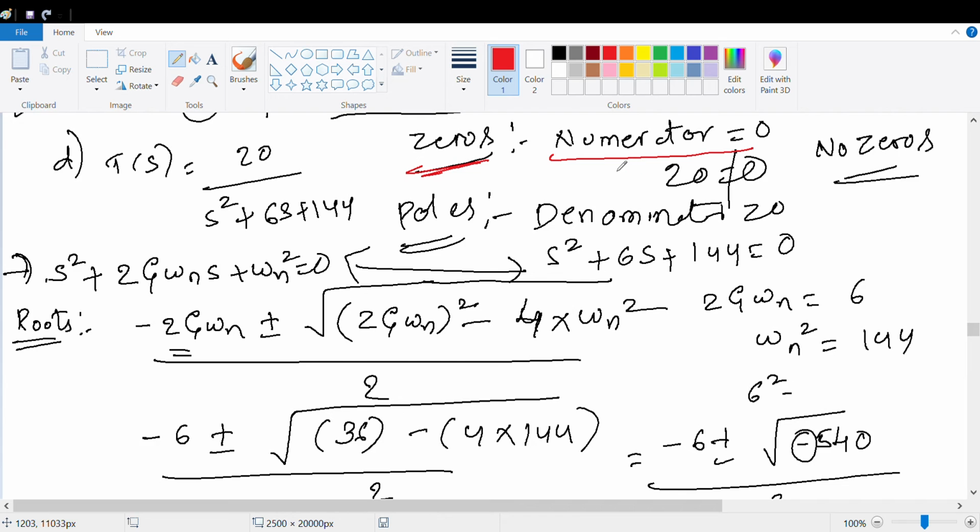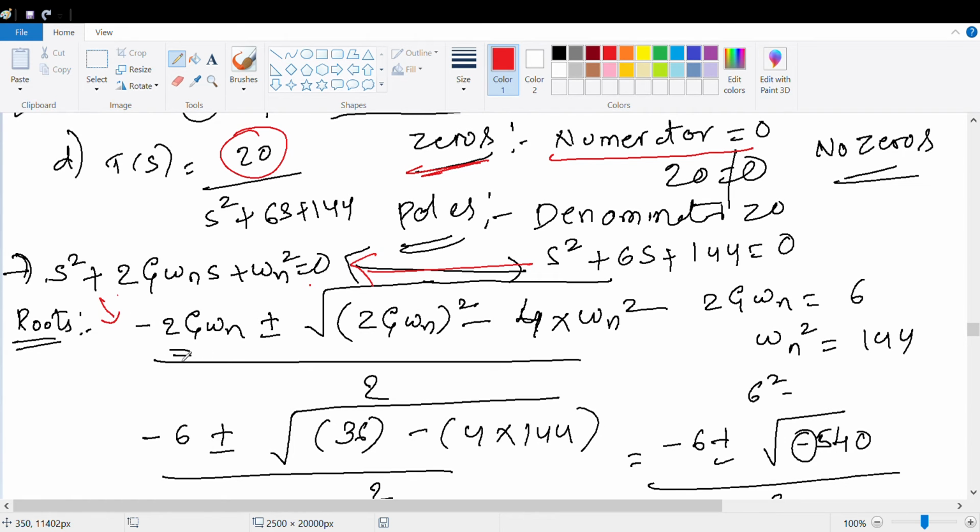For zeros, make the numerator equal to 0. There is no s term, so there are no zeros. For poles, equate the denominator to 0, so s square plus 6s plus 144 equals 0. It is in the general form s square plus 2 zeta omega n s plus omega n square equal to 0.